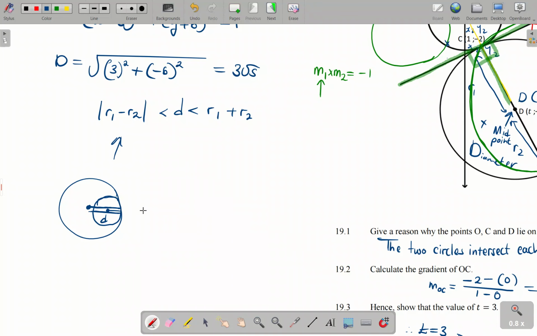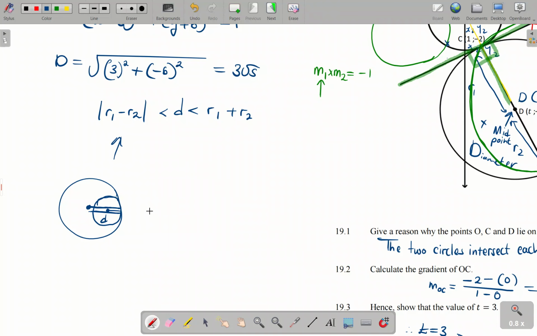like that, you're just going to use this formula. The distance between A and B is just going to be less than R1 minus R2. So this is the formula that you will use. Let me just, yeah, it is like that, right?